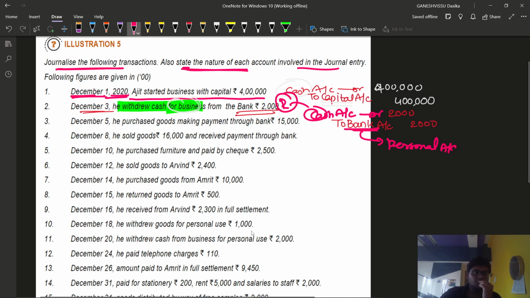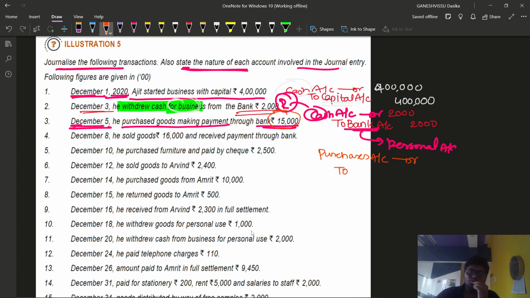Now, December 5th, that is the transaction. On December 5th, he purchased goods making payment through bank, 15,000. Simple. Whenever purchases are being made, purchases account debit to cash or bank. As we are paying the amount through bank, we are going to record to bank account, 15,000 rupees. Now, what is the nature of purchases account?